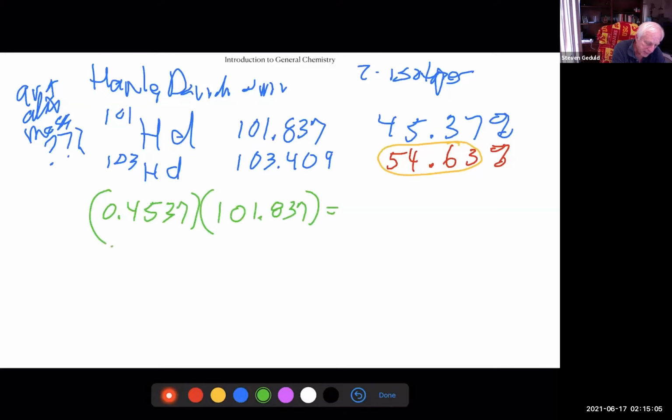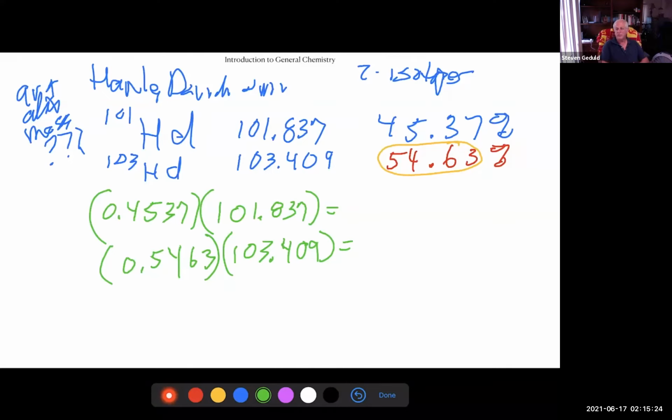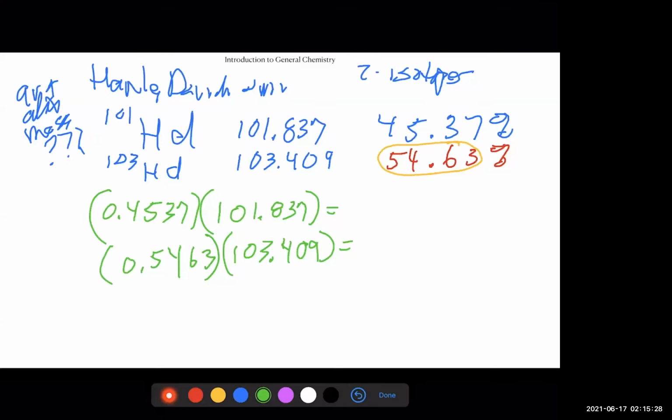And our fractional value for the Hd-103 is 0.5463. And its mass was 103.409. So far, so good? Does that make sense how we set it up, Stephanie? Yes. Perfect. Then we just do the math.